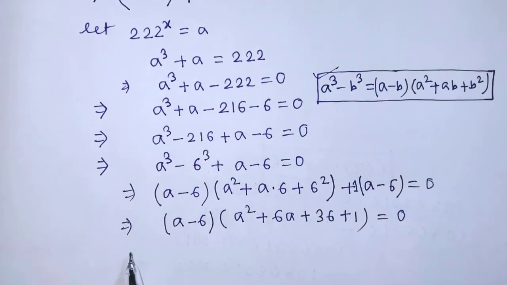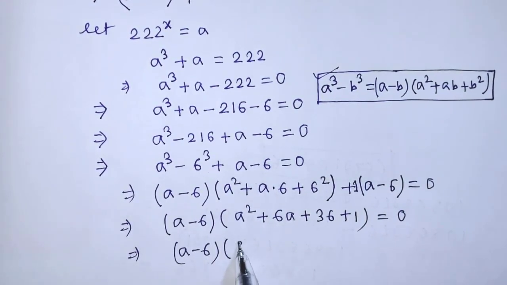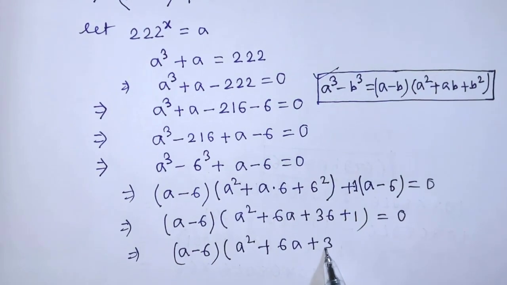After that, it will be (a - 6) times (a^2 + 6a + 37) = 0.